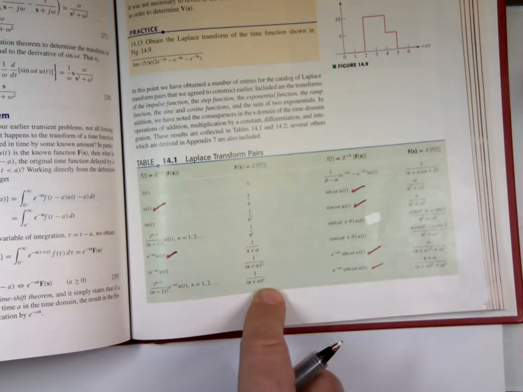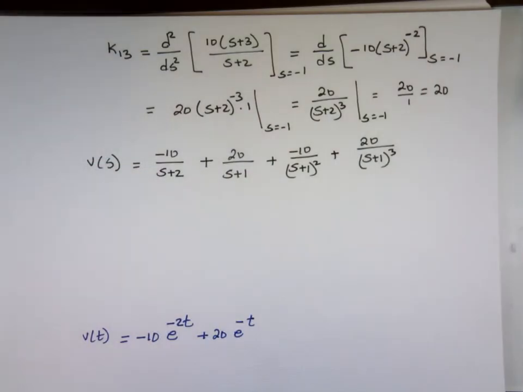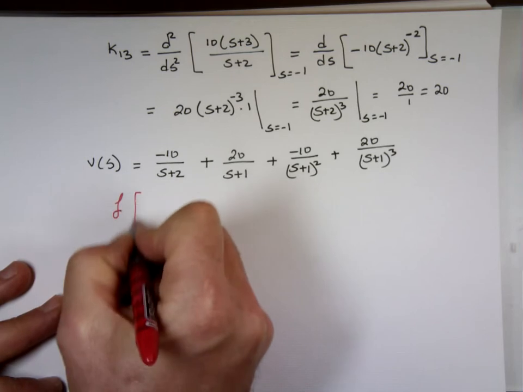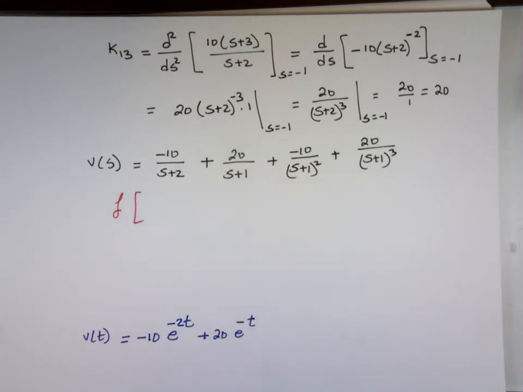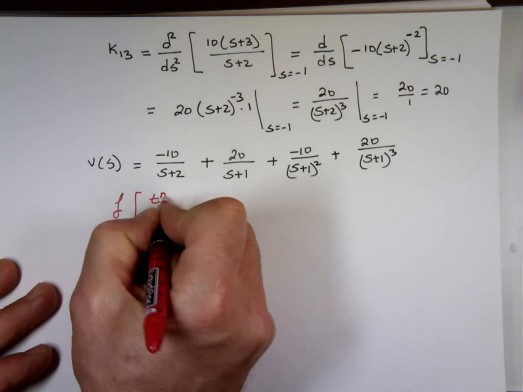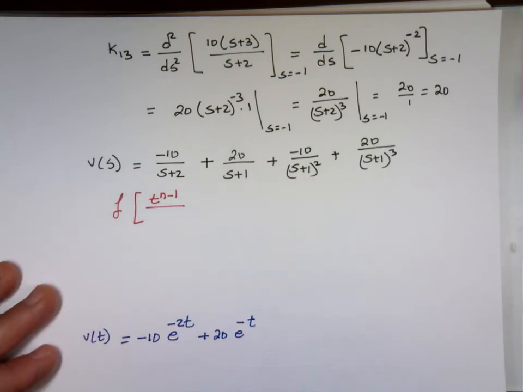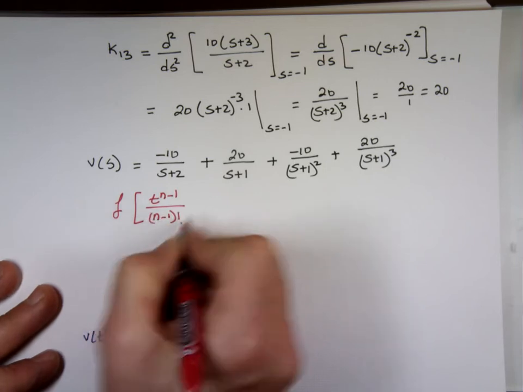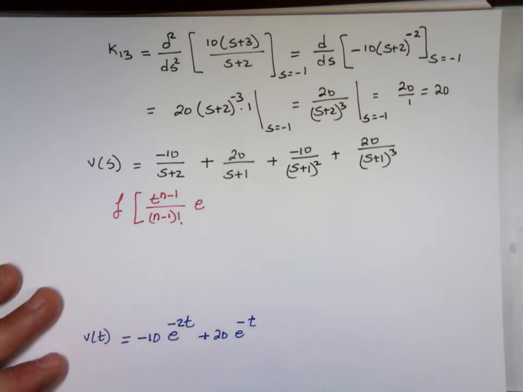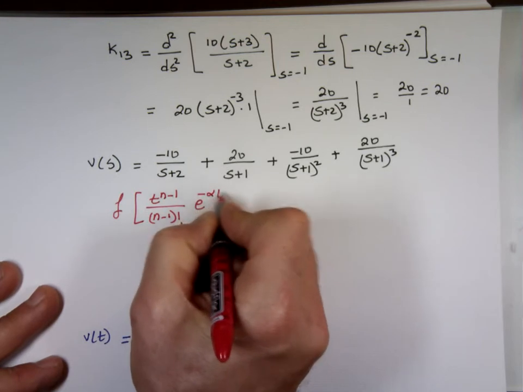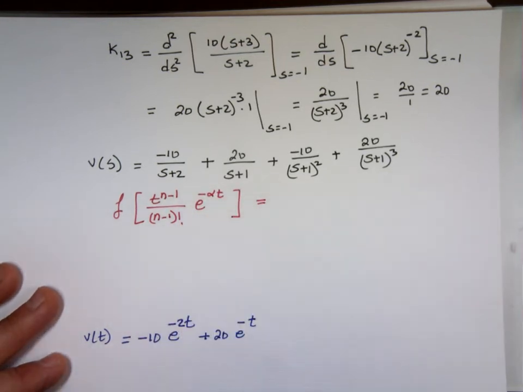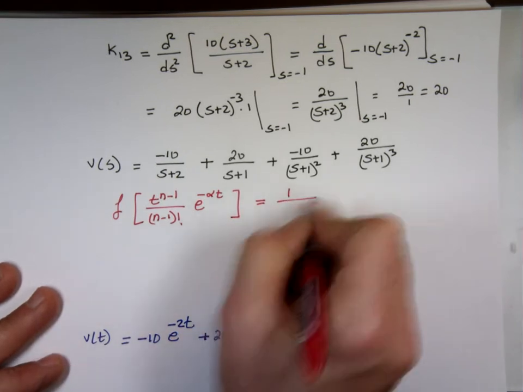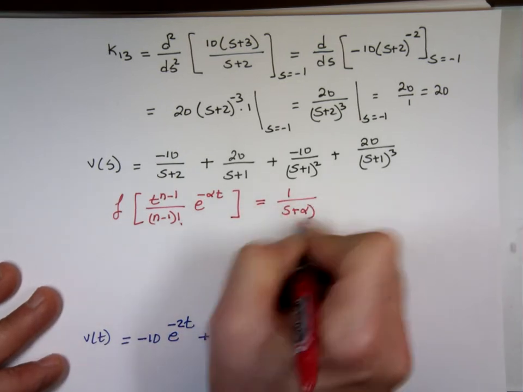That's this one. I'll put it in red. The Laplace of t to the n minus 1 over n minus 1 factorial e to the negative alpha t is equal to 1 over s plus alpha to the n power.